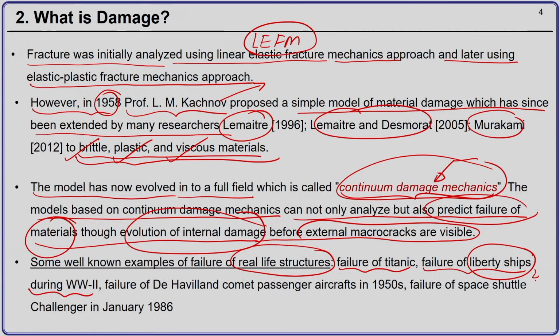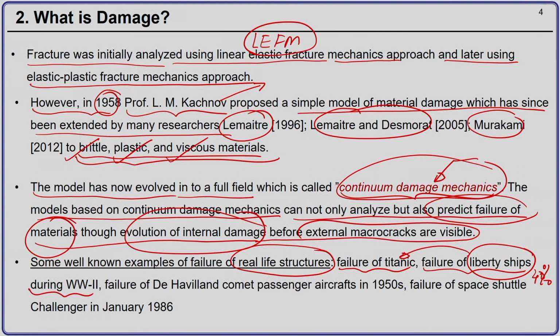Close to 40% of these ships sank because of a failure similar to the Titanic. When they entered very cold water, the outer metal of the ship became very brittle, which led to failure. The complete ship would crack in half and then sink.